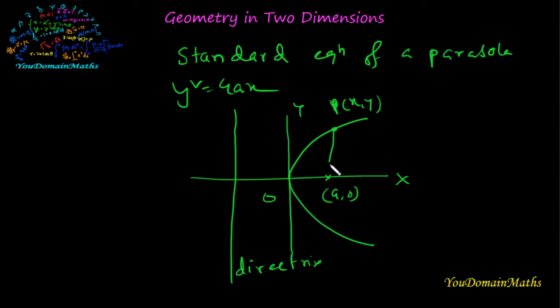The distance from S to P is equal to PM. So you can write SP equal to PM, and PM can be written as follows.